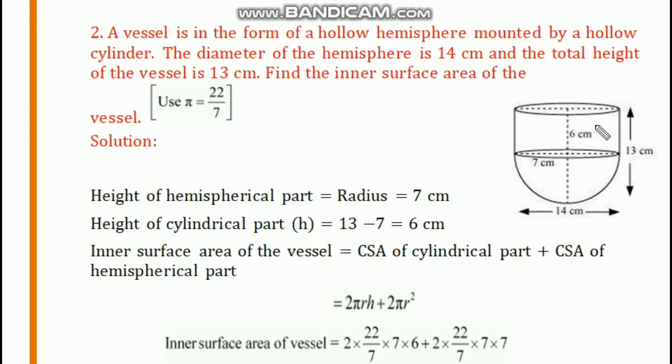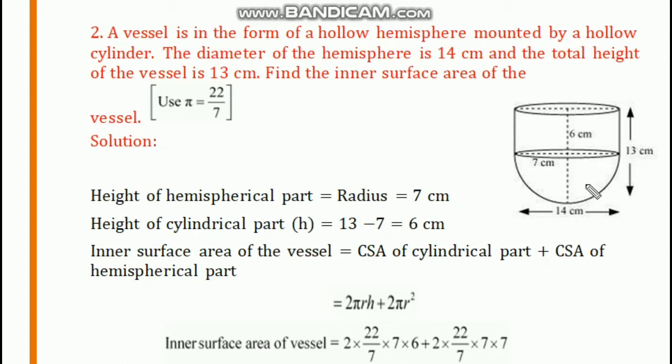To find the curved surface area of the cylinder, we should know the height of the cylinder and the radius of the cylinder. Already it is given that the diameter of the hemisphere is 14 centimeter. That means the radius is 7 centimeter. The cylinder also has the same radius because these two are mounted; the cylinder is mounted on the hemisphere.